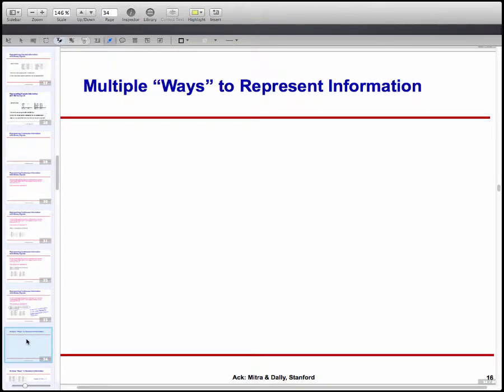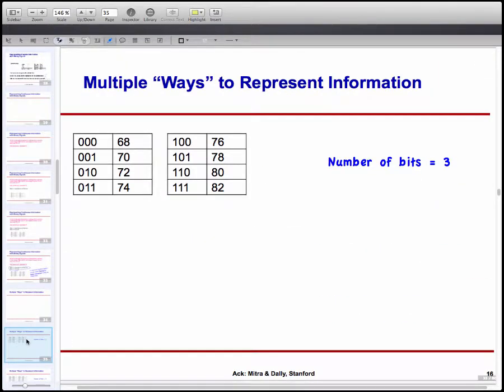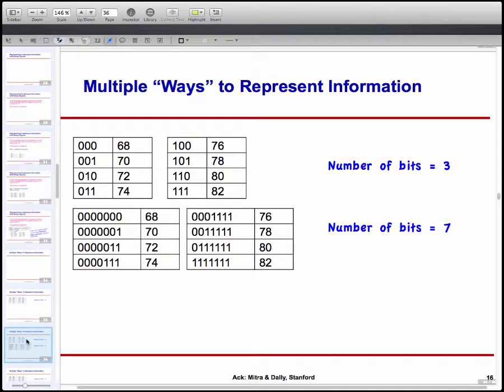Multiple ways to represent information. So it's a point we have already made. In our particular example, this is the mapping we had used for thermostat temperature, but I could have used a different mapping. In this case, I'm using 7 bits to map the different temperature values. This is an equally valid mapping. In this case also, I can figure out which temperature is larger or smaller by counting the number of ones, for example.